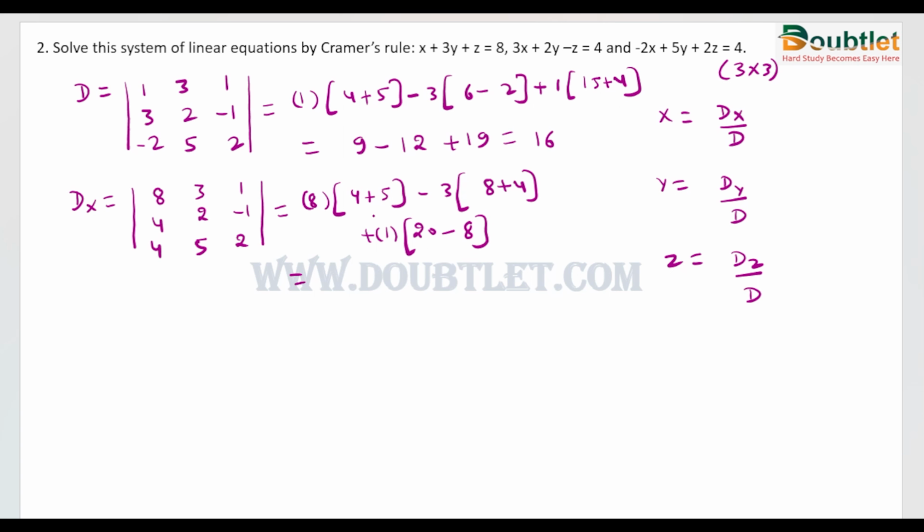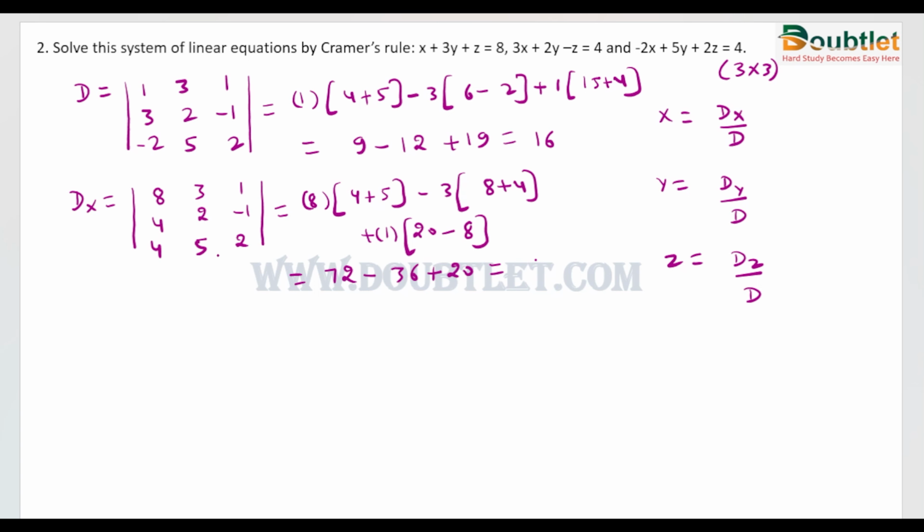So if we solve this, we get 9 times 8, which is 72, this is 36, this is 20. So we will get this as the value of Dx.